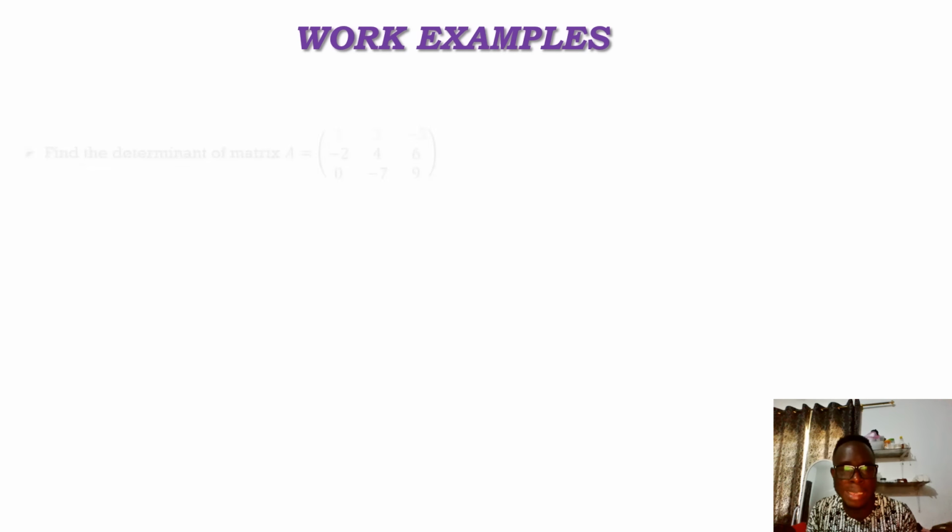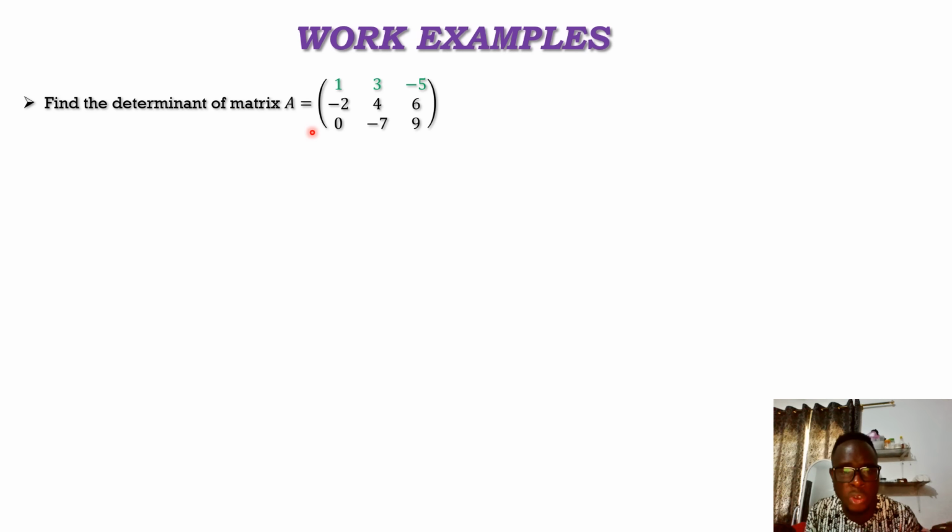Now let's work on a practical example. We have to find the determinant of matrix A. So look at the elements denoted with a green pen. This time we are going to use the first row to find our determinant. And what will be the first row?